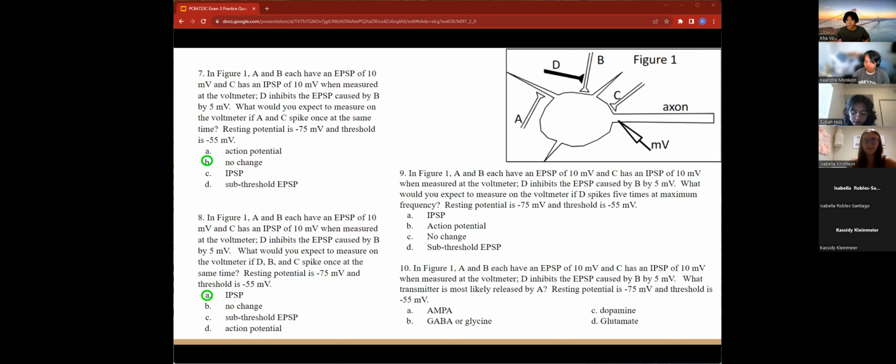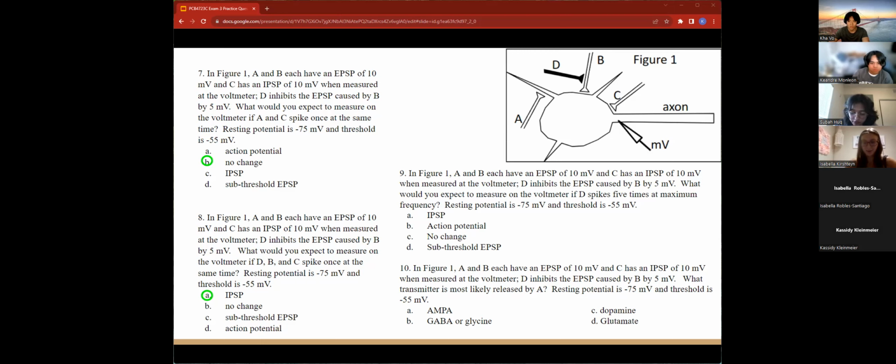Think of it as B is positive 10, and then D comes in and inhibits 5 of those millivolts. So B is actually only like a positive 5 millivolts. And then C is negative 10 millivolts. So if you sum that all together, it's going to still be negative 5 millivolts, and that's inhibitory.